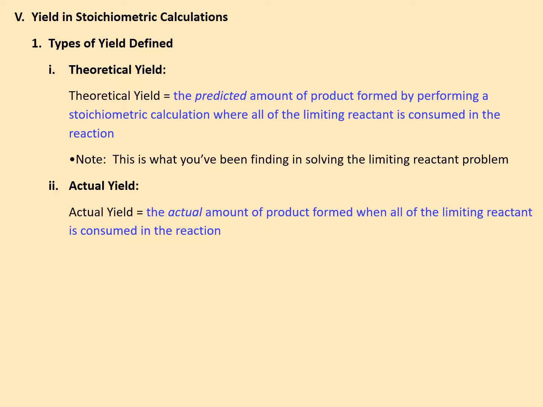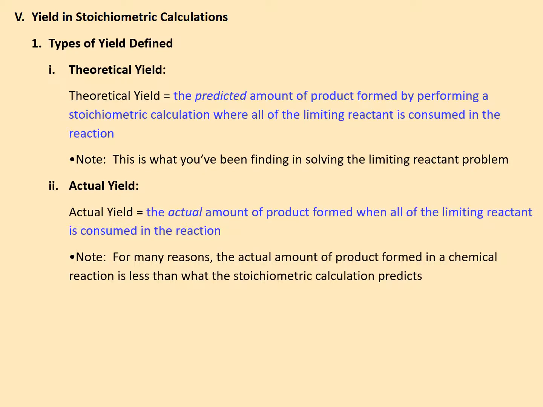Another possibility is that some of the product may be lost as a result of the reaction, or some of the reactants may actually form other products in secondary reactions. So for many reasons, the actual amount of product you would get by measuring it after the reaction is complete is going to be less than the amount of product that you would predict you would get, assuming that all the limiting reactant is consumed.